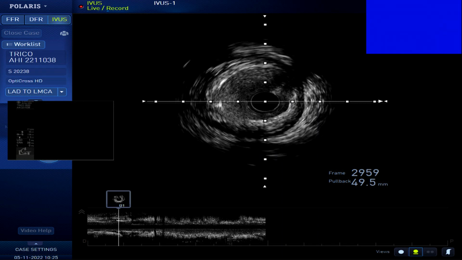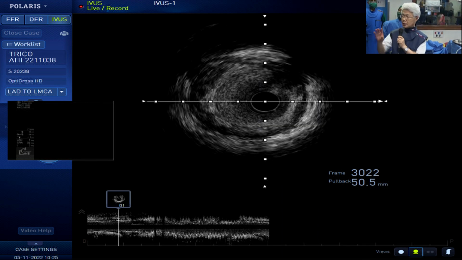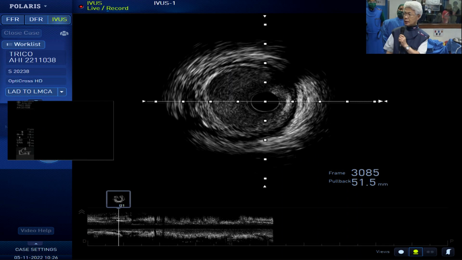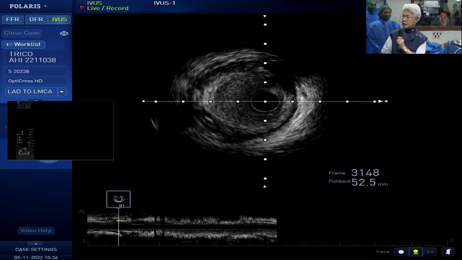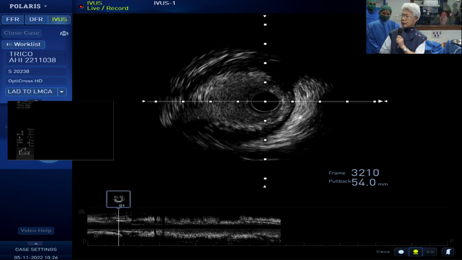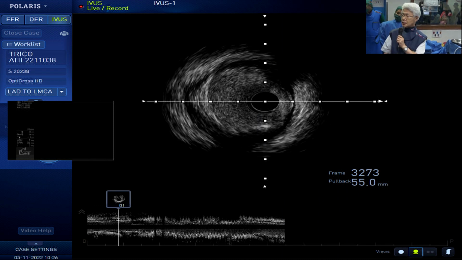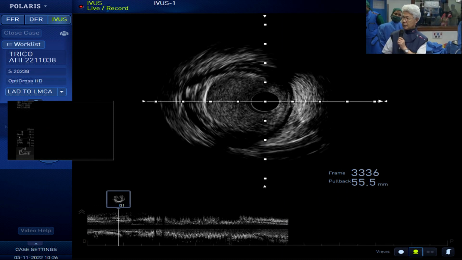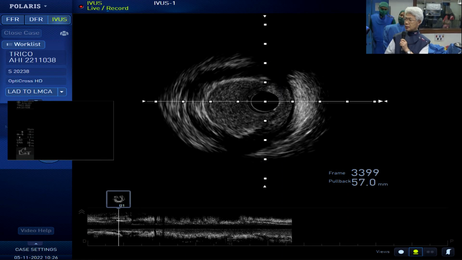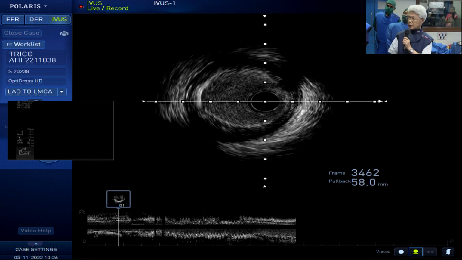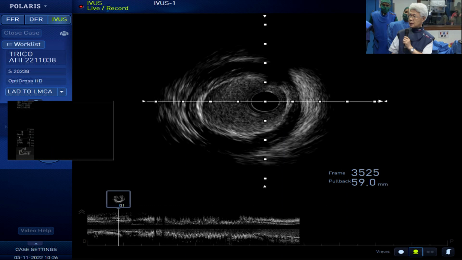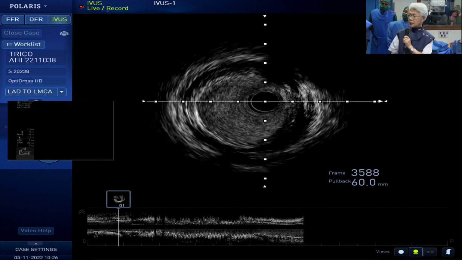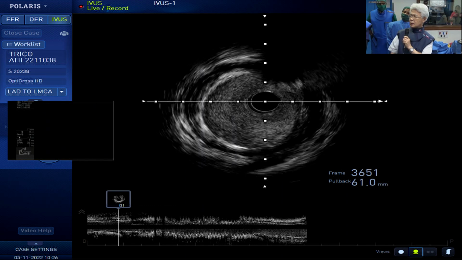It's a very concentric plaque, fibrous plaque. The edge is okay, right? Yeah, no problem. Some fibrous plaque here and very concentric, right? The size is around, yes.